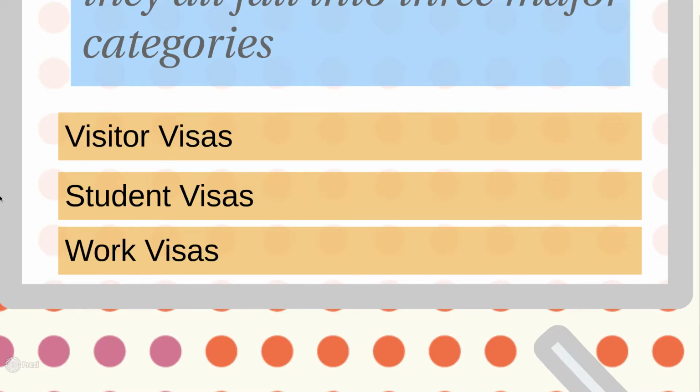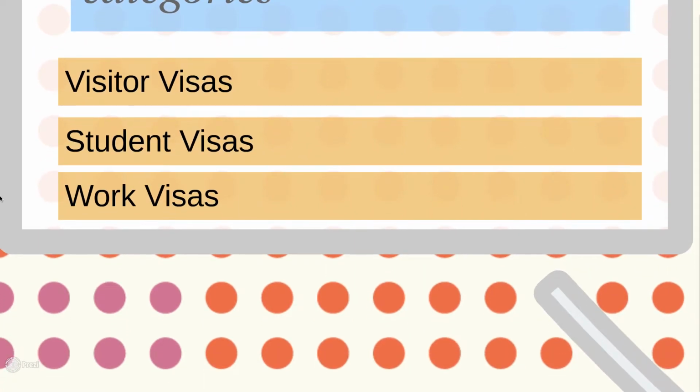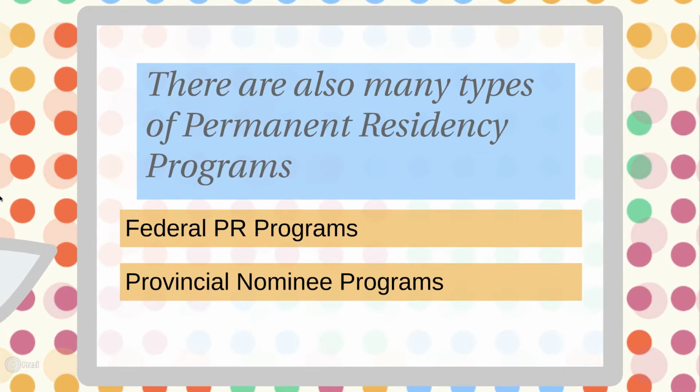The second step is permanent residency. There are also many types of permanent residency programs in Canada, and they fall under 2 main categories: the federal PR programs and the provincial nominee programs. The responsibility for permanent residency programs is divided between the federal powers and the provincial powers.